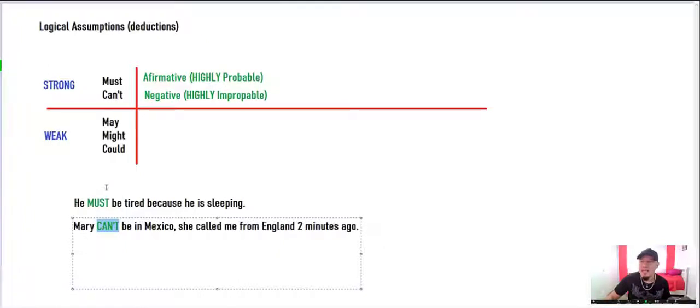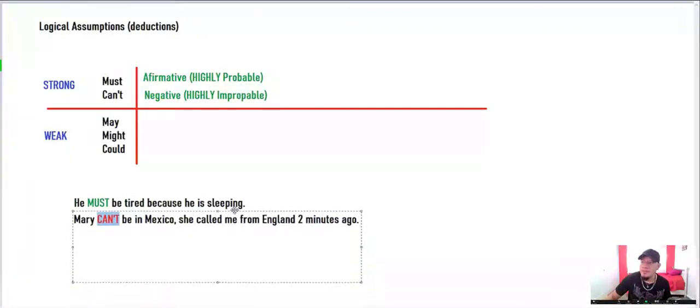It is improbable that Mary is here in Mexico. Why is that? Because my evidence is that she called me 2 minutes ago from England. What we are expressing here is that it is something impossible. It is impossible that Mary is here in Mexico, because she called me from England 2 minutes ago.